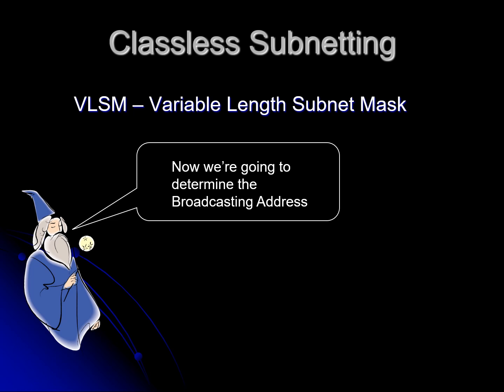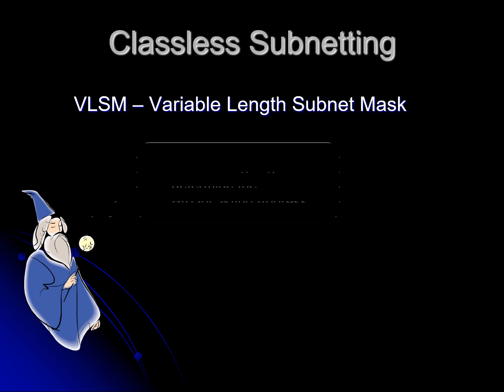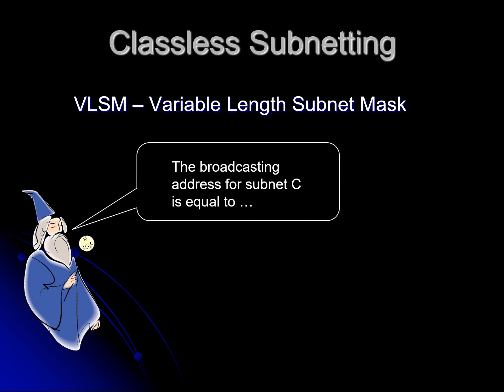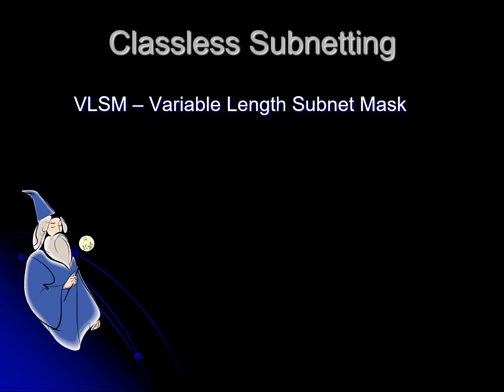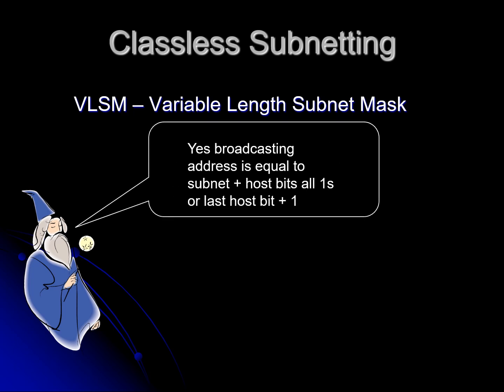Now we're going to determine the broadcast address. Okay, so the broadcast address for subnet C will look something like this. Yeah, subnet plus the host bits that are all 1s.